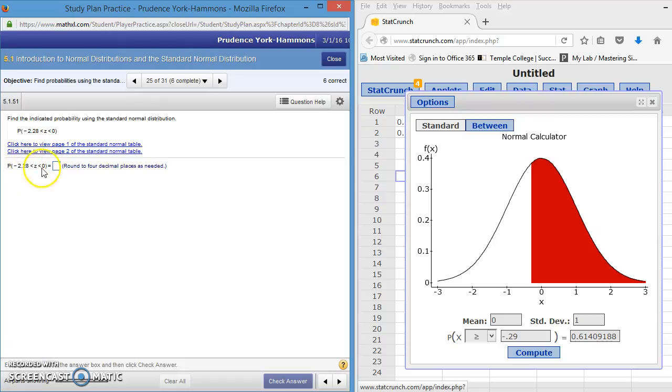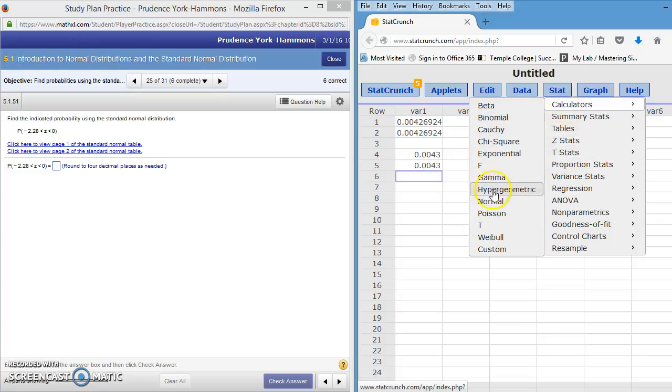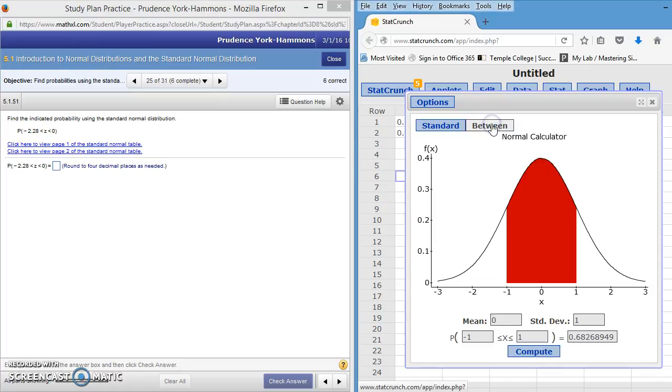And this one would be a between because you've got a z value between two numbers. So I'm going to close this one, and then I'm going to do Calculators, Normal, again a mean of 0, a standard deviation of 1, and I want a between.